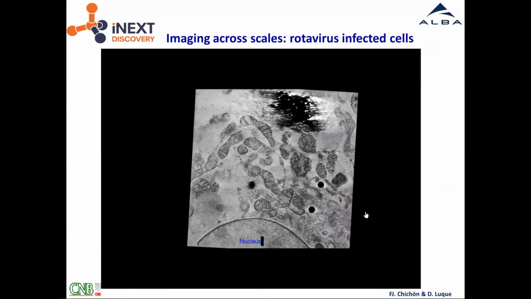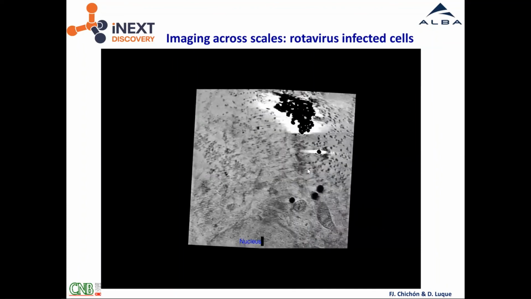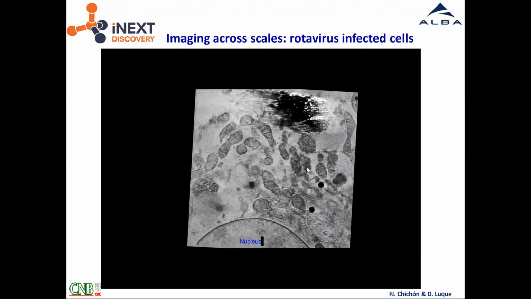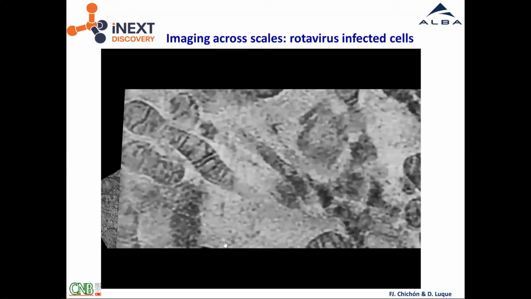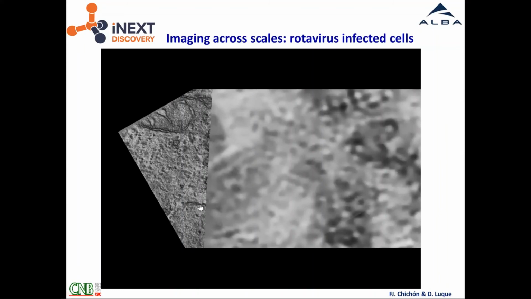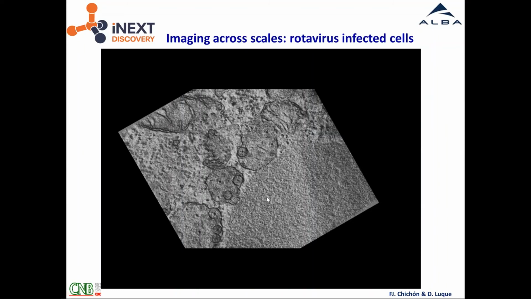Now we are getting inside the volume, and what you can see here, these are the viruses containing the ER. The viroplasm is here, and the viruses are budding from the viroplasm to the ER. This is electron tomography.